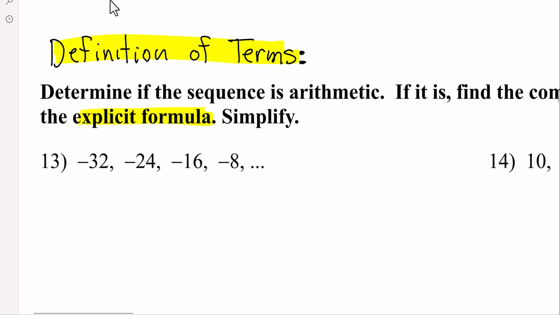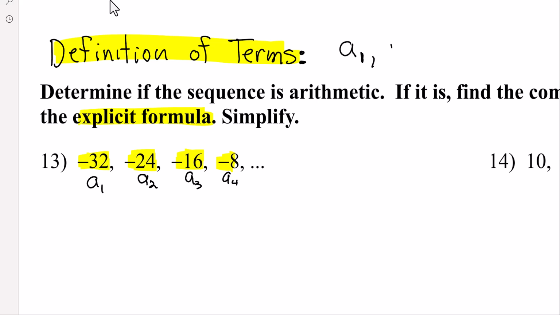So when you see the term a, so let's say a sub 1, we're talking about each specific instance in the sequence. So this would be a sub 1, this would be a sub 2, this would be a sub 3, this would be a sub 4, and then etc. So that's what the a means.